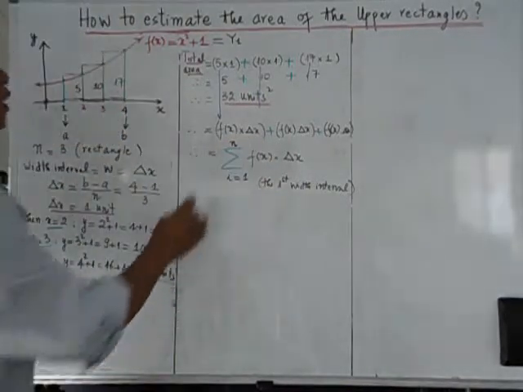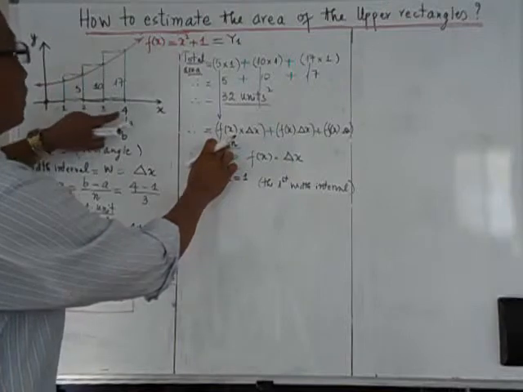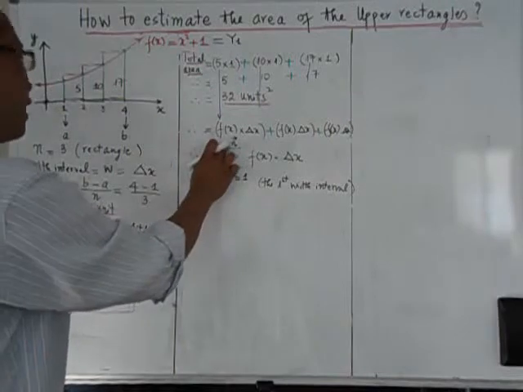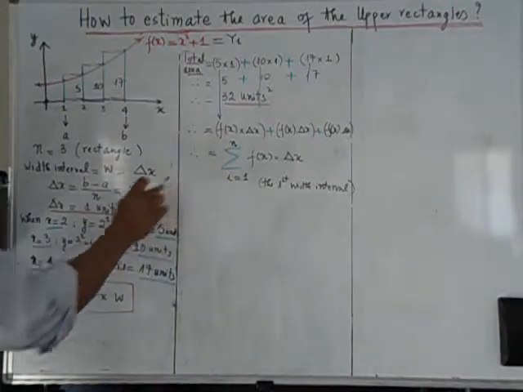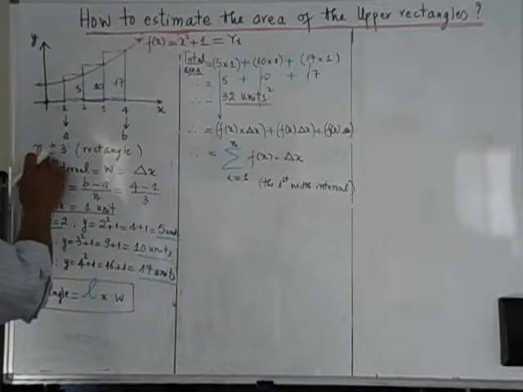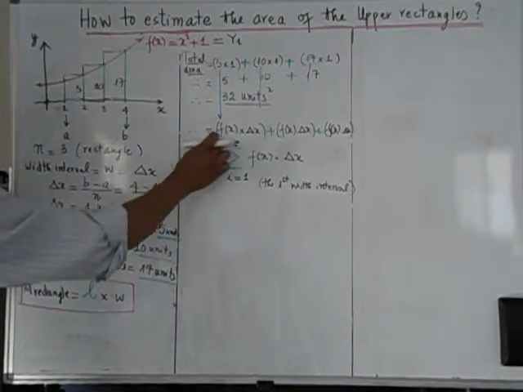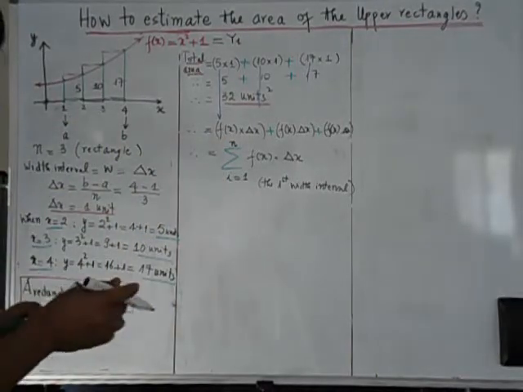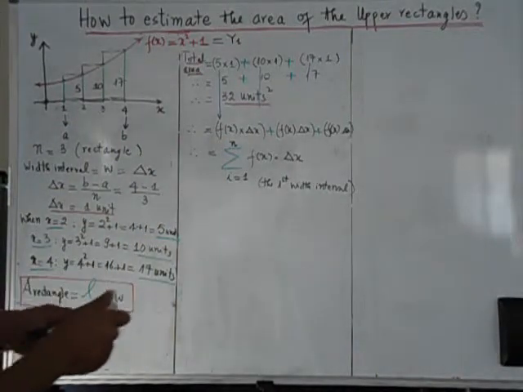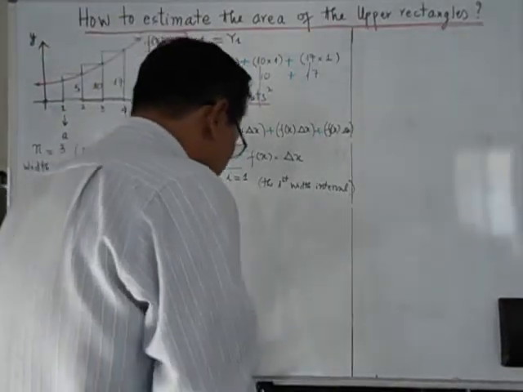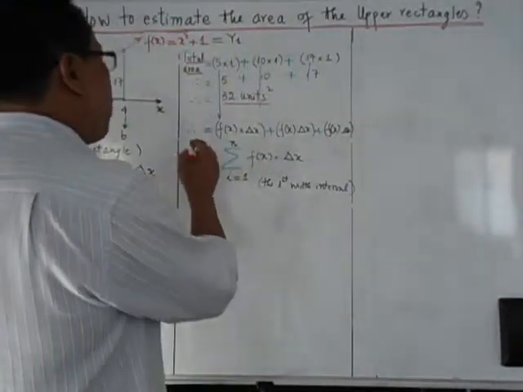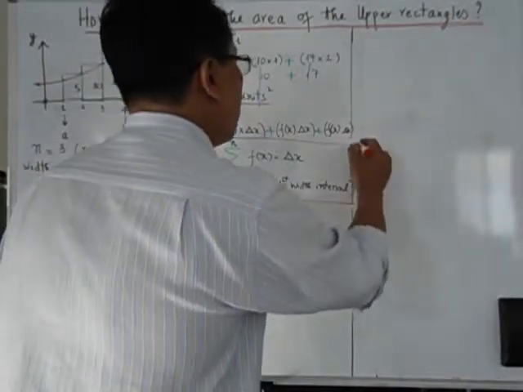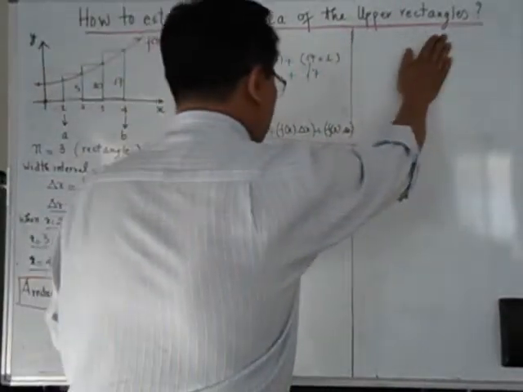On the top, here represents the last number, number 4, it means B, and here it is not the number of rectangles. So these two n are different. You should notice this. This is the formula for the total area of the upper rectangle.